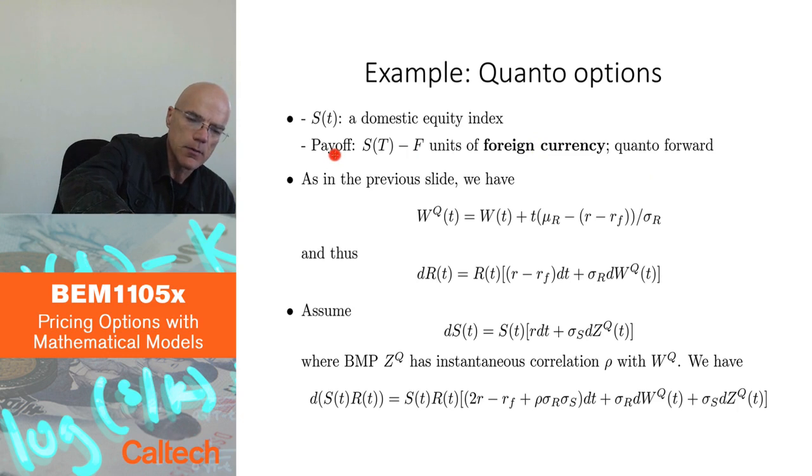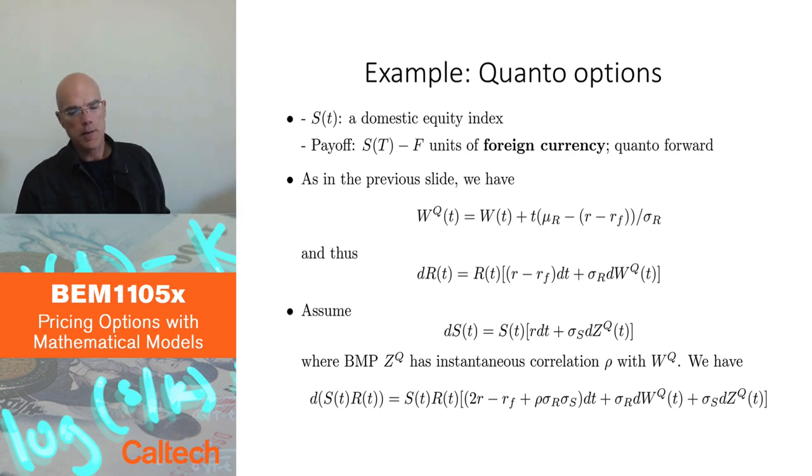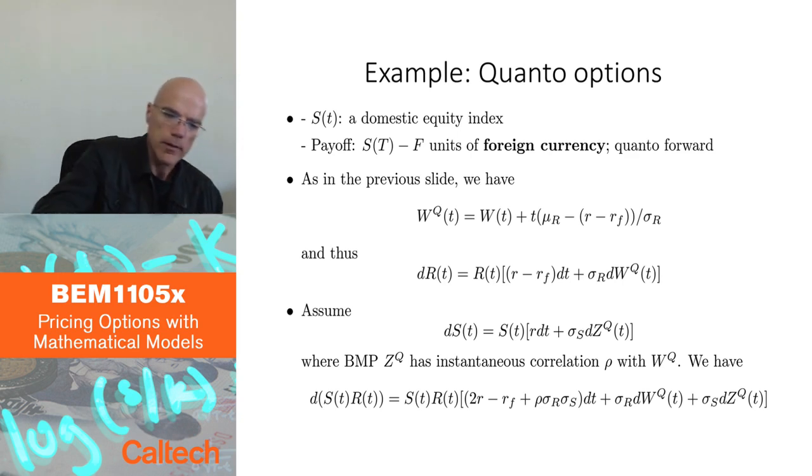It's an option which pays the difference between the domestic index at time capital T minus a constant forward price. However, it pays whatever that difference is in the units of foreign currency. It's a bit strange type of thing. You look at an American index or American stock, and let's say it's $900 and minus F, let's say F is 100, so that's $800.